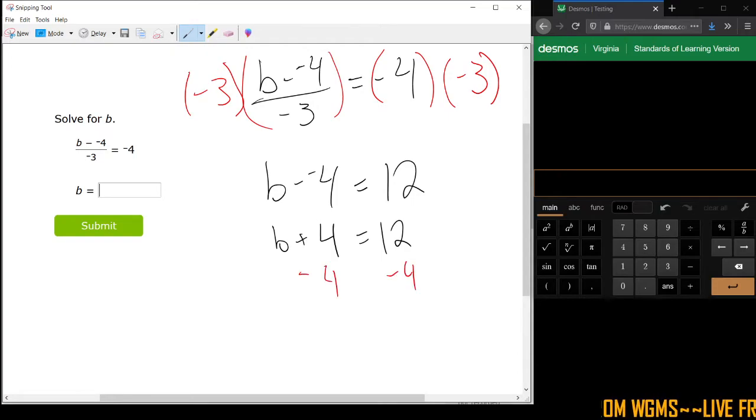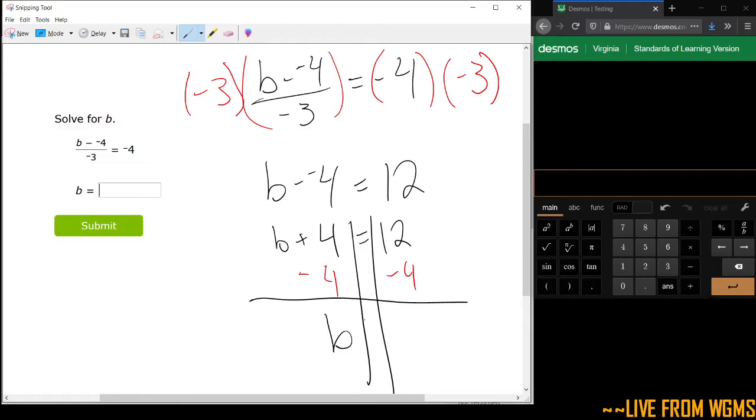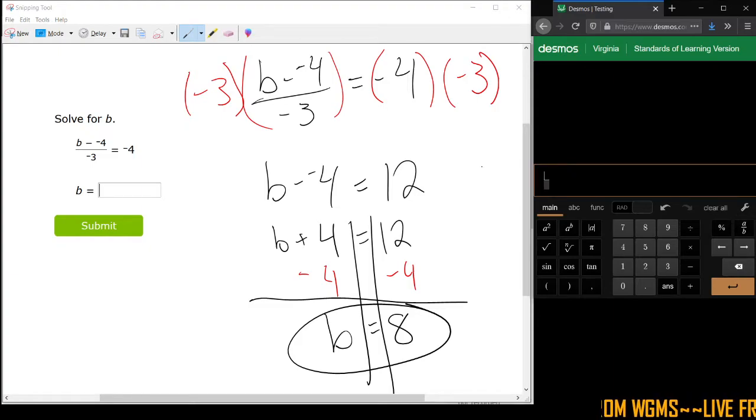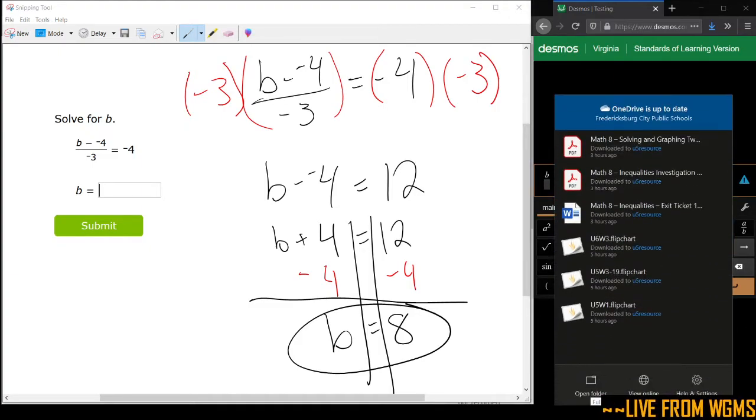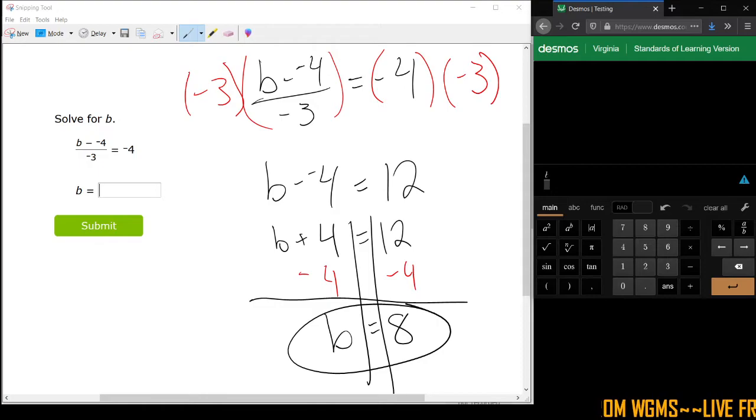However, I want to just subtract 4 to both sides, so that way I can get the variable by itself. And so I'd say b is equal to 8. Always double check. I have the fraction b minus a negative 4.